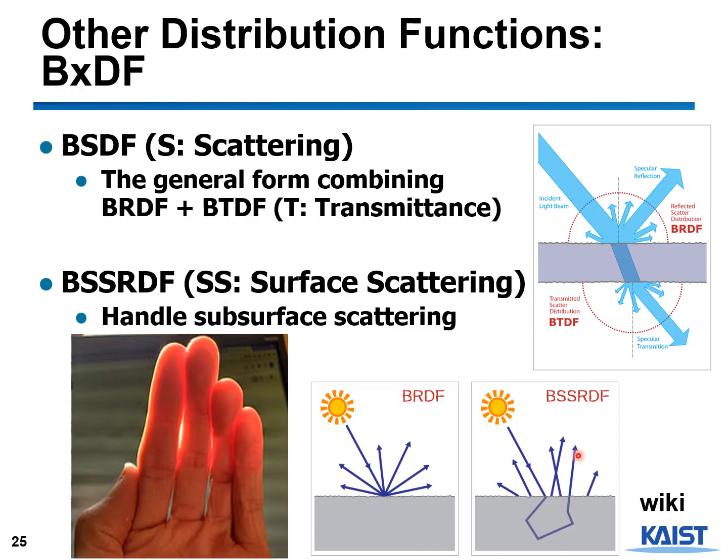But there are many other distribution functions. We typically say BXDF. One example is BSDF, where S refers to scattering. The general form combines the BRDF that I talked about before and BTDF, where T is transmittance.